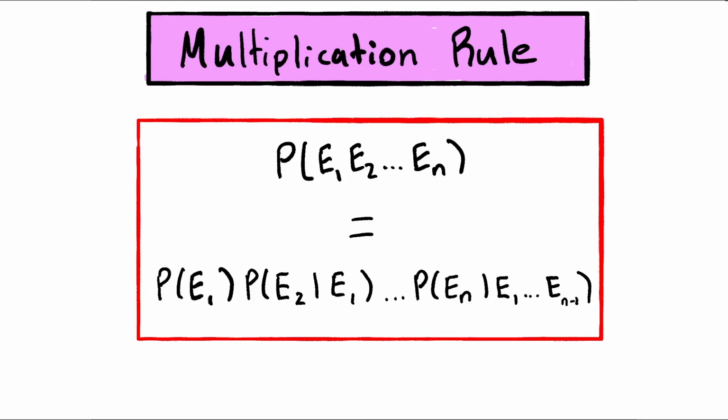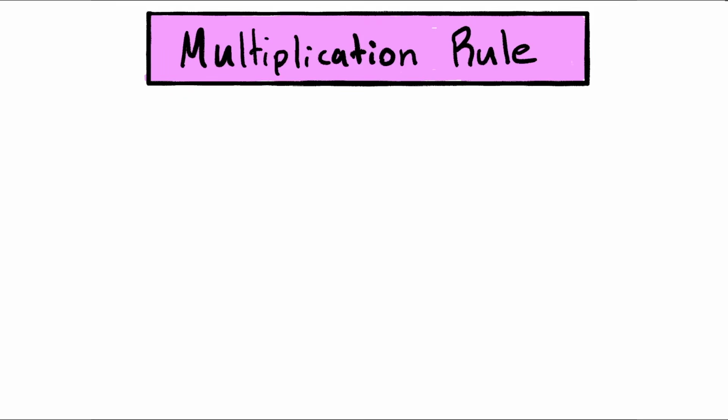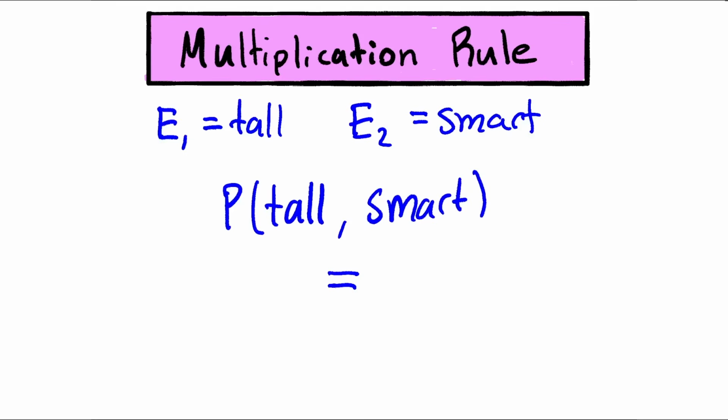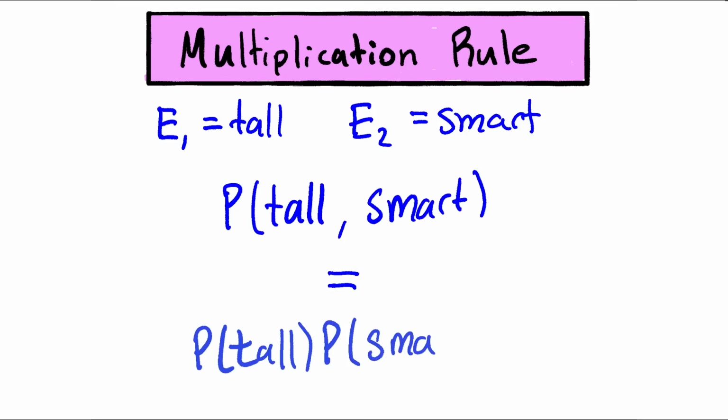Now this might be a little confusing, but let's think of a basic example real quick. So let's say event 1 is that you're tall. And let's say event 2 is that you're smart. The multiplication rule basically says that the probability that you're tall and smart is the same probability as you first figuring out the probability that you're tall and then multiplying the probability that you're smart given that you're tall.